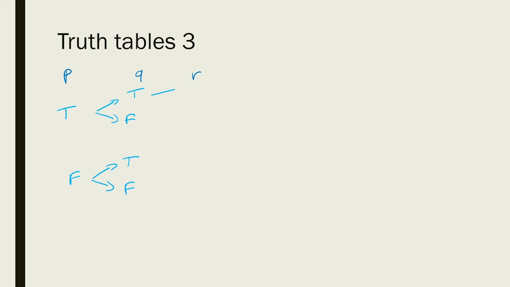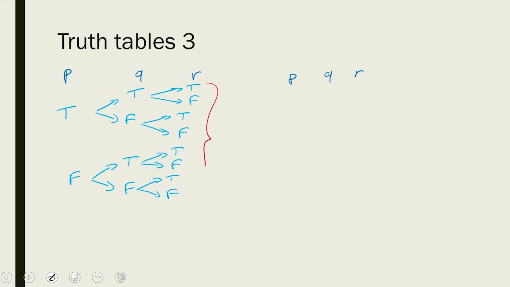For each value of Q, we're going to have the same thing for R. R can be true or it can be false. Now we have the 8 rows created by the different values of P, Q, and R. If we write it in a table, it will look like this.